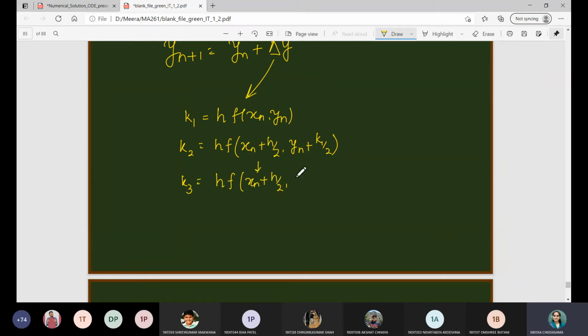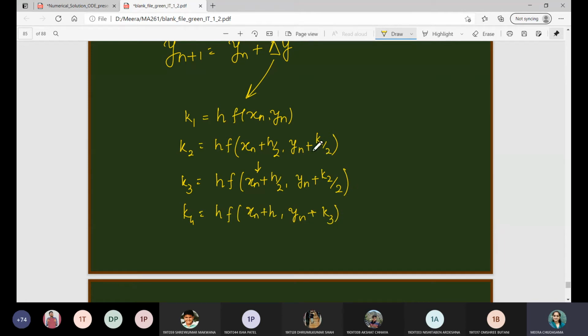The x component will remain the same, but the y component will be the previously iterated value, that is yn plus k2 by 2. And k4 is nothing but h into f, at which point? So xn plus h, yn plus the last iterated value k3.